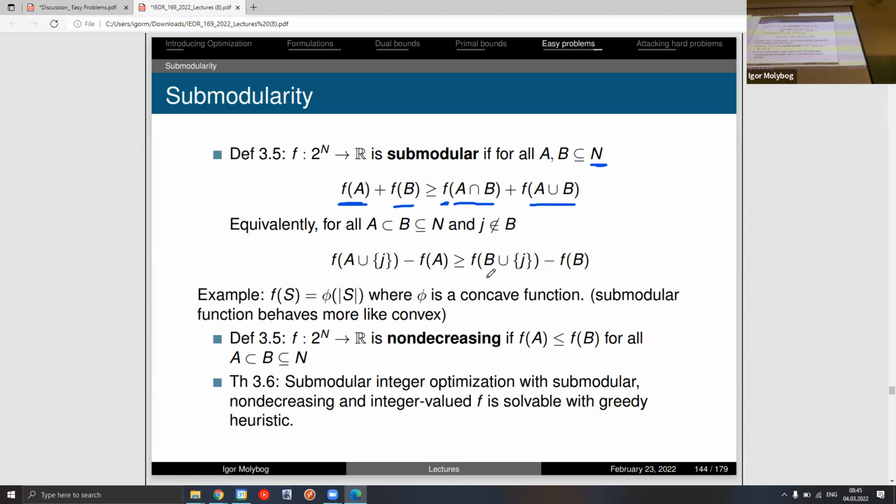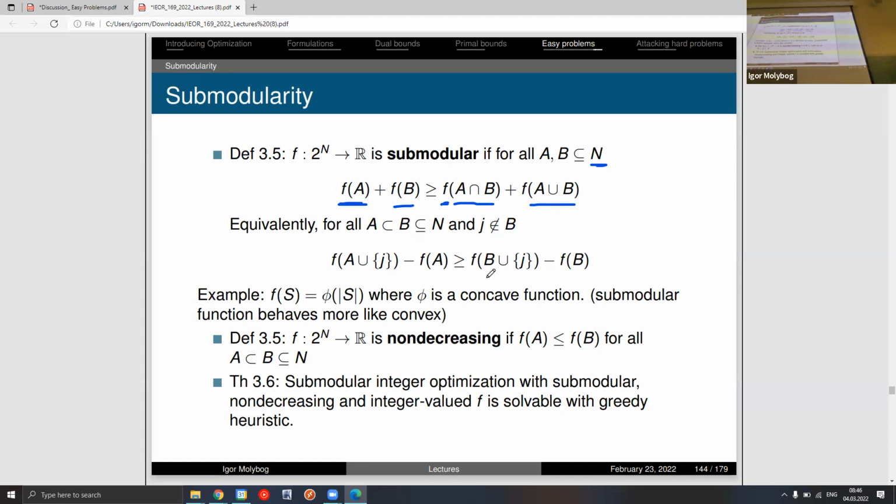You have a separate value of J, and then you're trying to include this value J into set A, and then include this point J into set B, and you're looking at how much the function f is marginally increased during this event of inclusion.